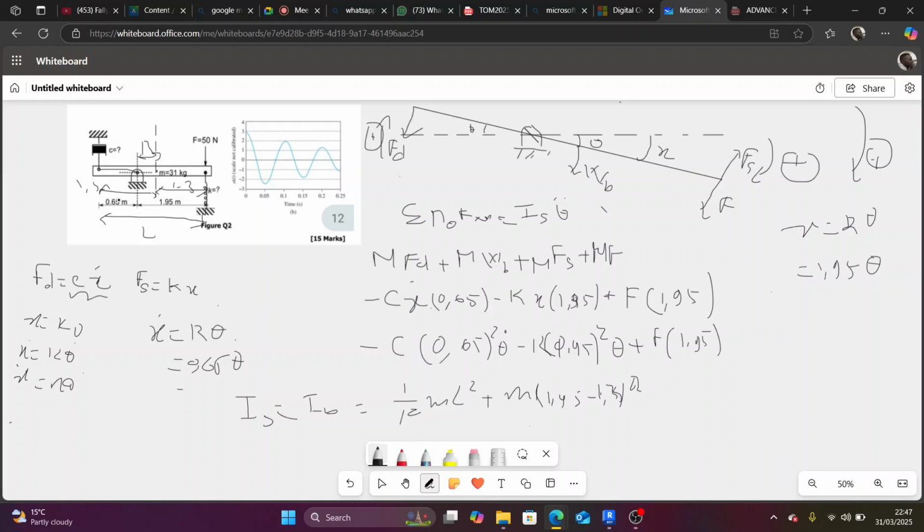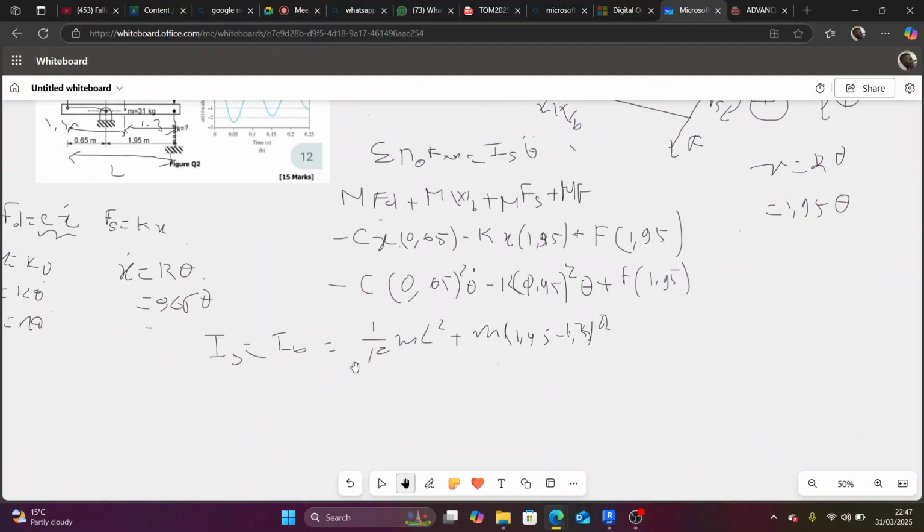Either way, you are free to do your math there. If you go from left to right, it's 1.3 minus 0.65. If you go from right to left, it's 1.95 minus 1.3. I guarantee you. So don't get confused there.